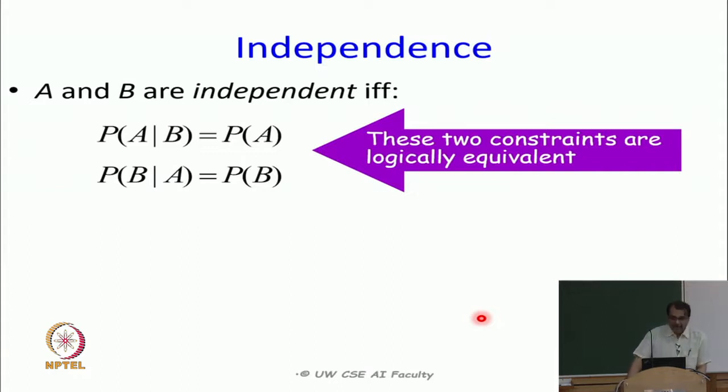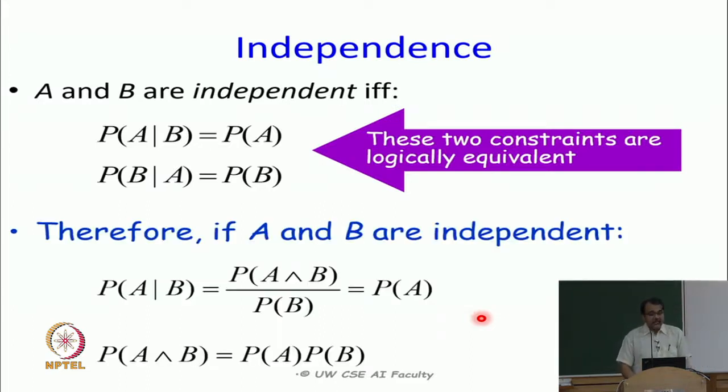And of course, probability of A intersection B is equal to probability of B given A times probability of A. So, these are equivalent statements. If A does not add any information about B, then B does not add any information about A. And therefore, another definition of independence is probability of A and B is equal to probability of A times probability of B, that comes from this very simple derivation.